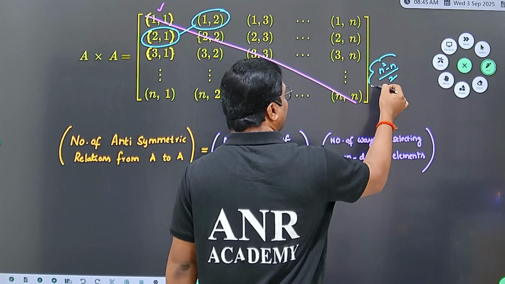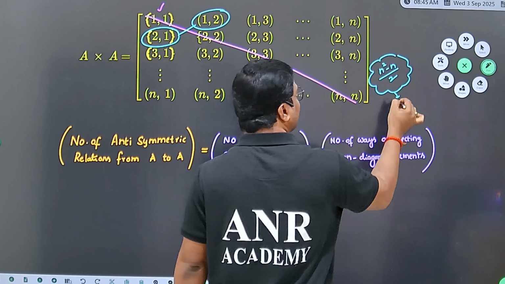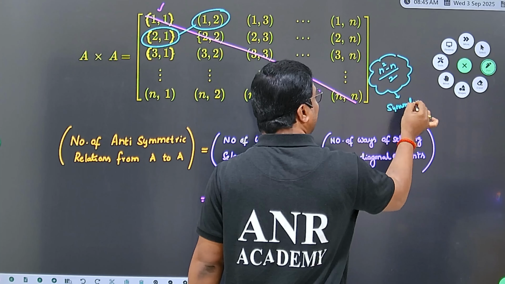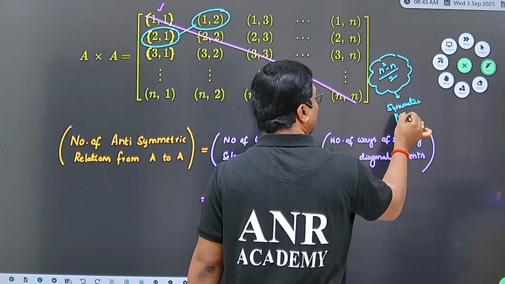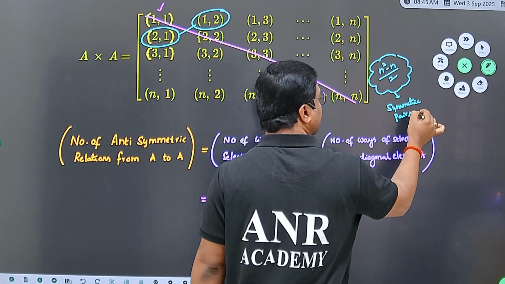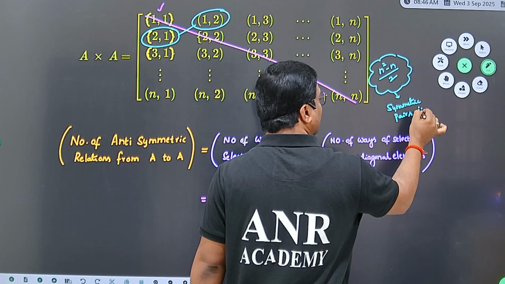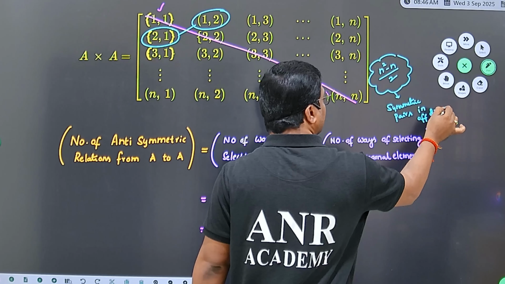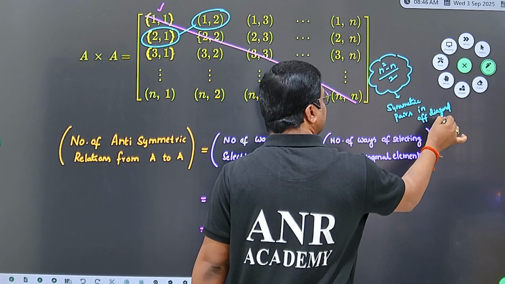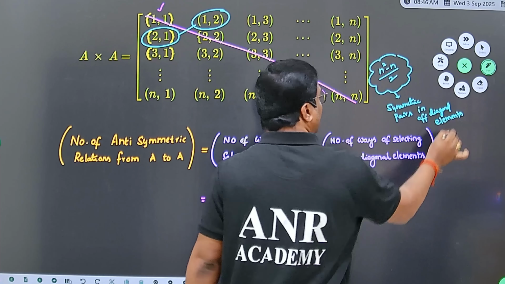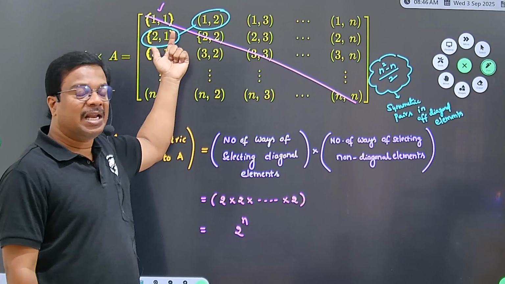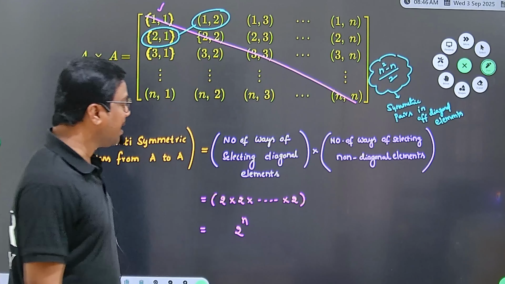Total there are n square minus n by 2 symmetric pairs in off-diagonal entries, and in which the selection of a symmetric pair, the chances are 3.